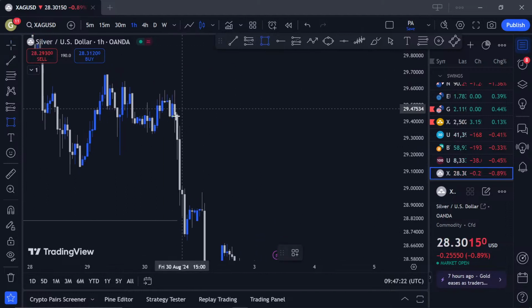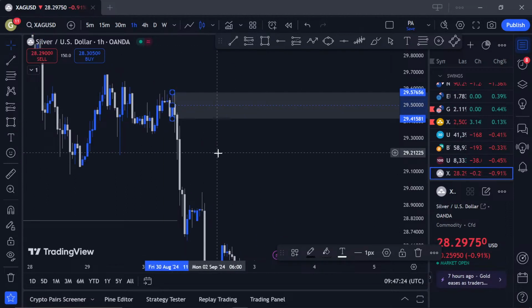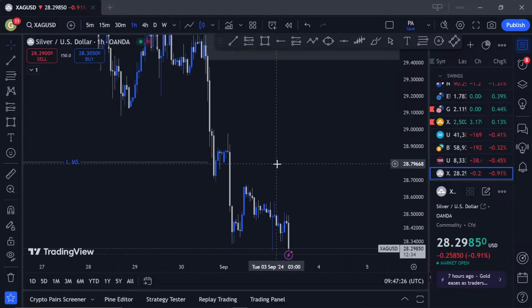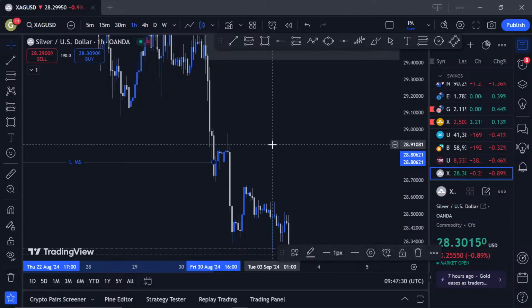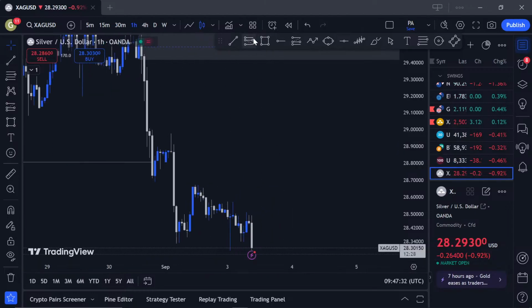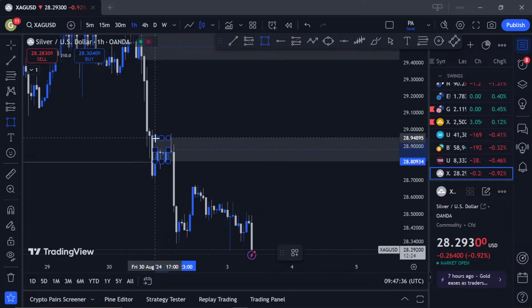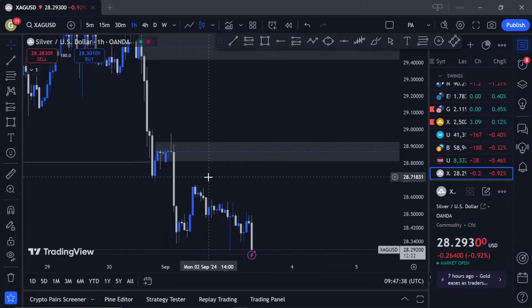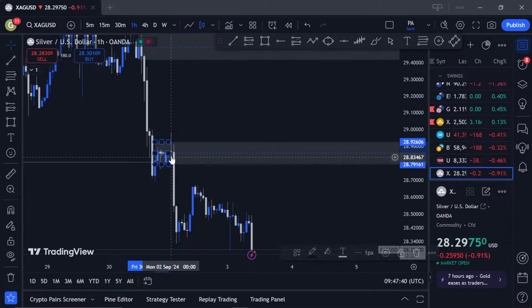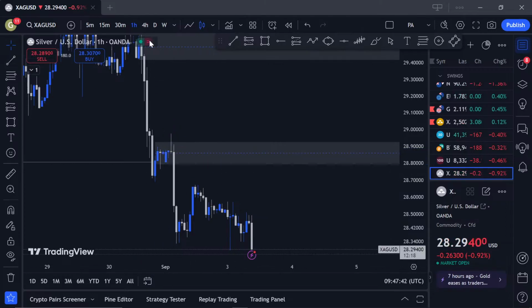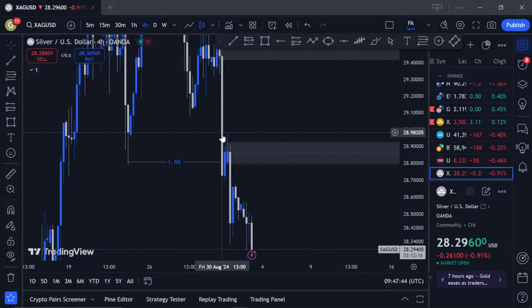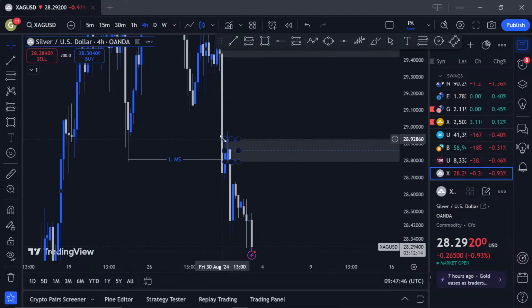On the 1 hour here, we have our first supply level on silver. And then here we have a range supply. What I mean by range supply is simply you can see the range that the market created here before eventually moving away, so I classify it as a range supply. When you come over to the 4-hour time frame, you're going to see it's a single supply candle.